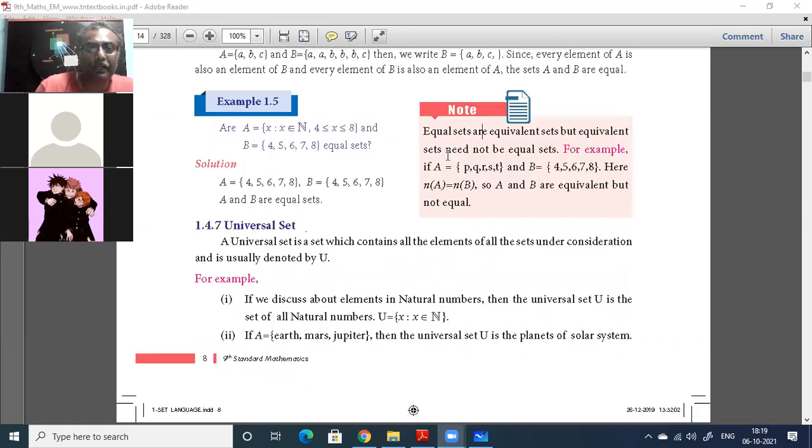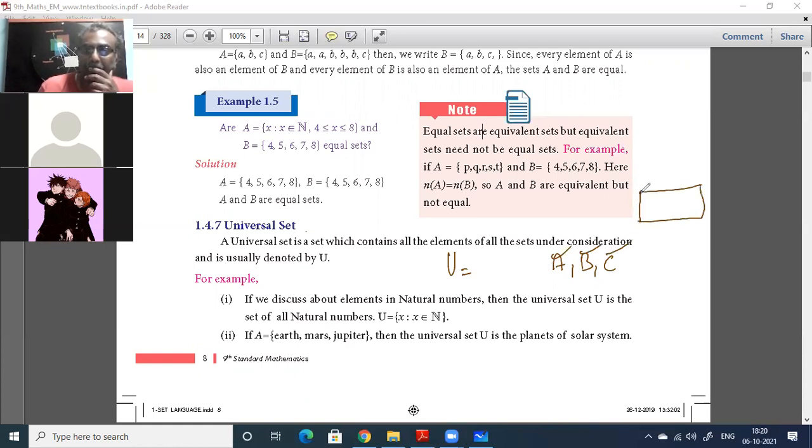Now you have to find another important thing, universal set. Arpana, can you read this? Yes, uncle. A universal set is one which contains all elements of all the sets under consideration and is usually denoted by U. Suppose in some mathematical problem there are 3 sets A, B, C. Then the universal set will have all the elements found in A, B, C, everything.